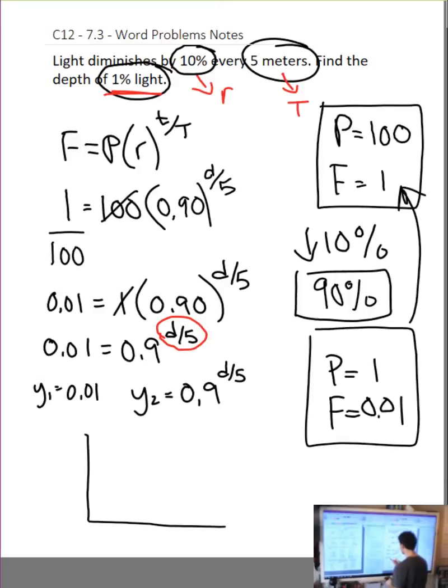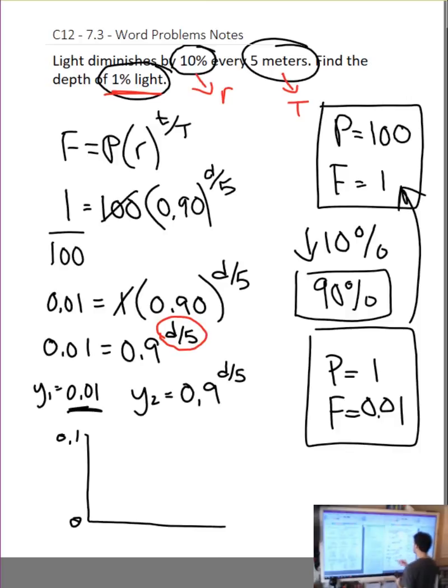But I know that one of my y values is 0.01, so I'm going to go right in and change my window to go from a y minimum of 0 all the way up to a y maximum of maybe 1. Not even. 0.1.